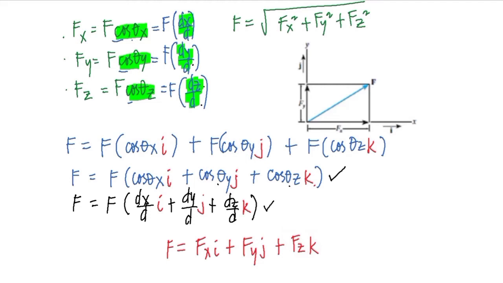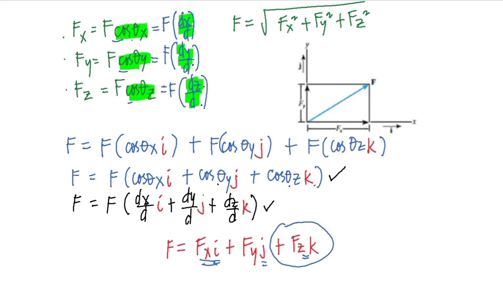What is the difference between them is, if we will be having a two-dimensional coordinate axis, then we will just drop this third term here. So, if it is only 2D, what we will see there is only i and j. No? So, that's just Fx i and the Fy j. And if 3D is given, then we will have a third component, wherein that is the third component along the z-axis.